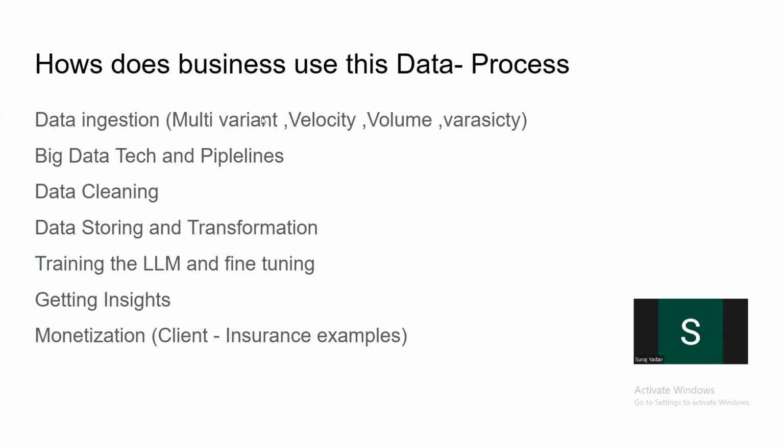Now, when we speak about velocity, volume, and variety, variety is the multivariant data, different types of data, and the technologies used to capture and make it structured. Think of Flipkart, which gathers all the data so that when an individual orders, they can say it will reach within 2 days.